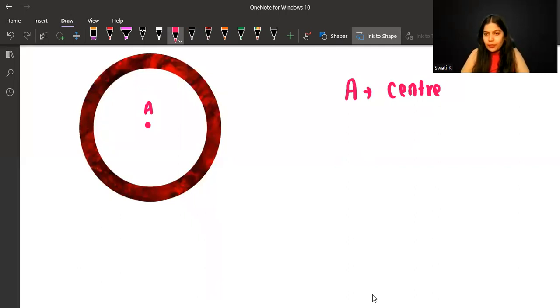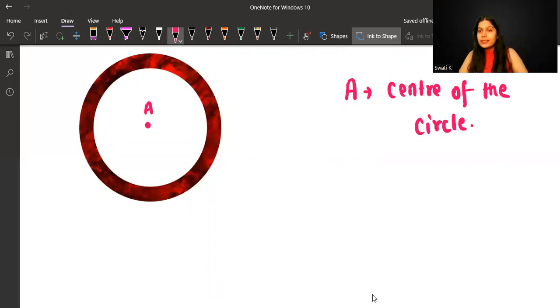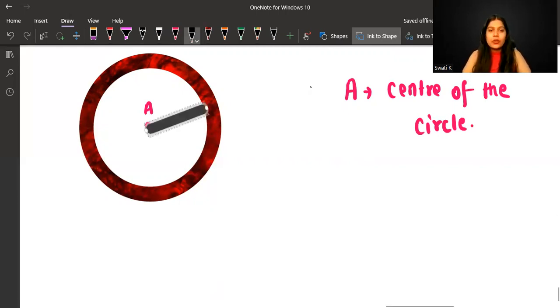Now the next is, I used a word that the distance is equidistant, right? That means equal distances. That is called the radius. So I'll just draw it perfectly. I'll take the straight line and yeah, this is called the radius.